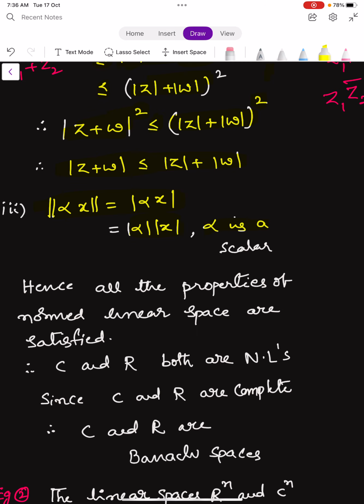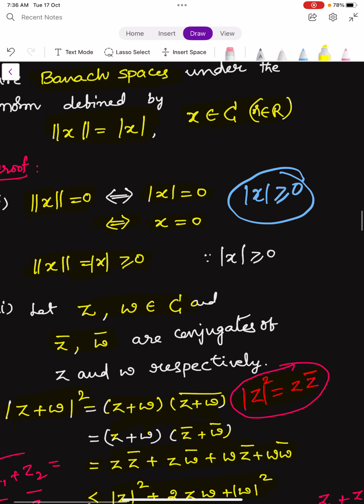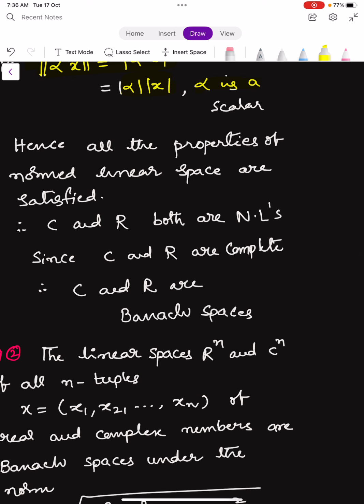This shows us the set capital R as well as capital C both satisfy the three properties of normed linear space. Hence, we conclude that C and R both are normed linear spaces. And we know that both complex numbers and real numbers are complete.